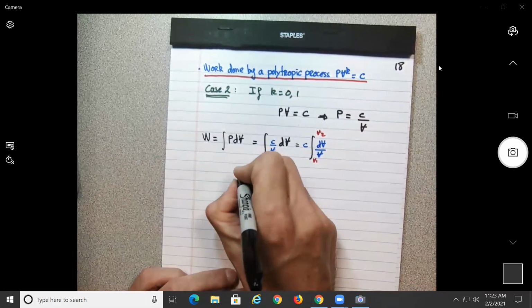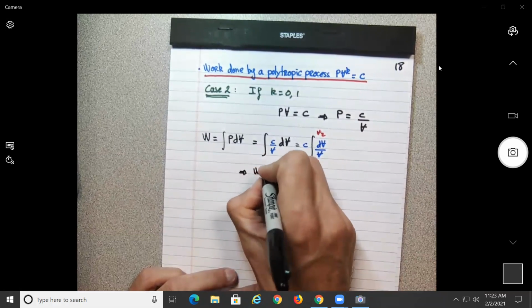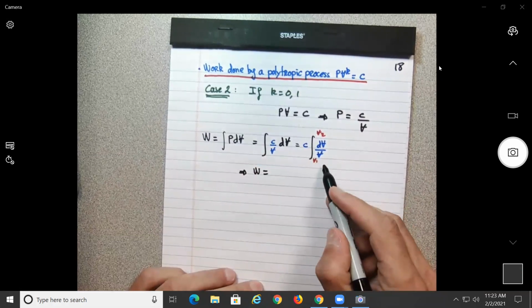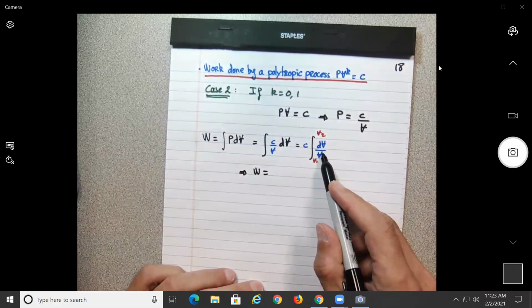All right, so this will give us what? So what is the integral of dV over V? This should be the log, no? Yeah, so it will give you what?